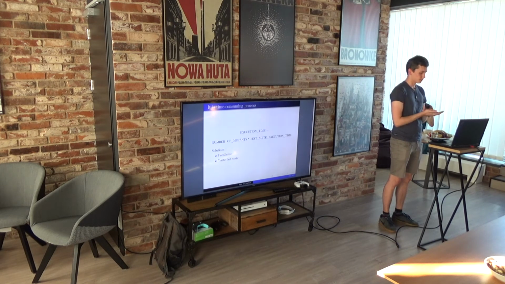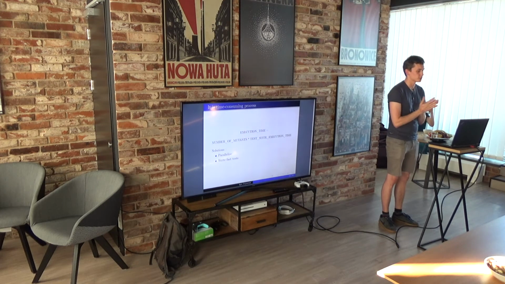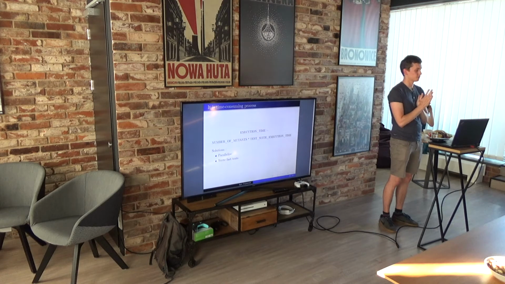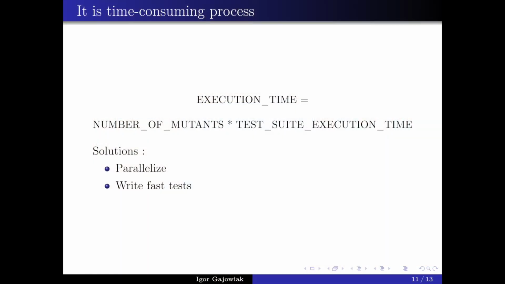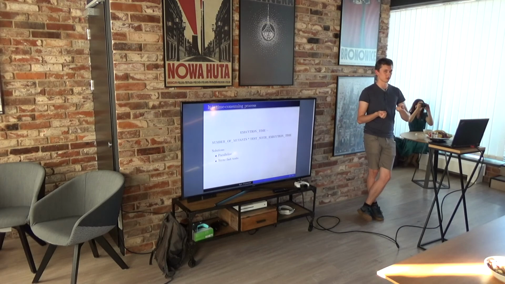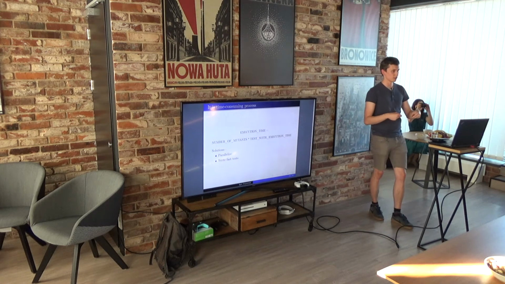But with mutation testing, there are some problems. One of the problems is that it is a very time-consuming process. The execution time of mutation testing is equal to the number of mutants that we are able to inject into our code multiplied by the test suite execution time. It's because for every mutant we make the change in the code, and then we run the tests, iterating through all of the mutants.